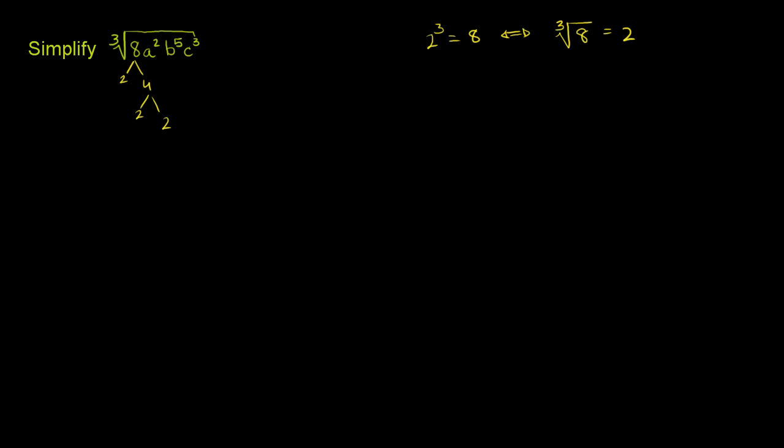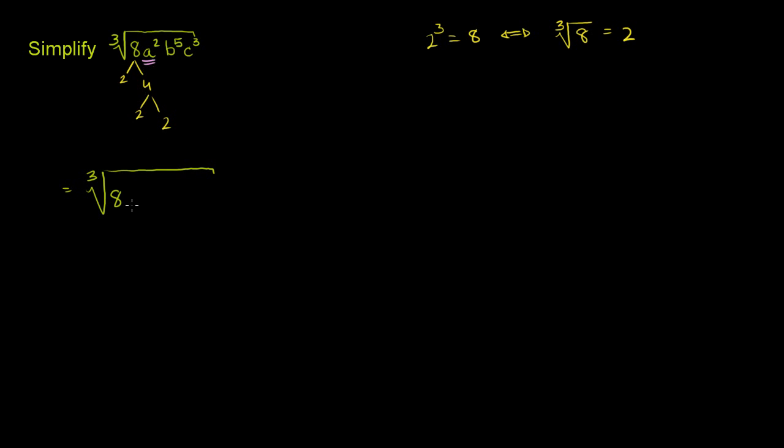So let me rewrite the radical. I'll leave the 8 the way it is, because it's a nice perfect cube already. And then let me focus on a squared. I'm not going to really be able to factor that into a to the third times something else. I could if I wanted to be really tricky, but I'll just leave it as a squared for now. Let me do that in a different color.